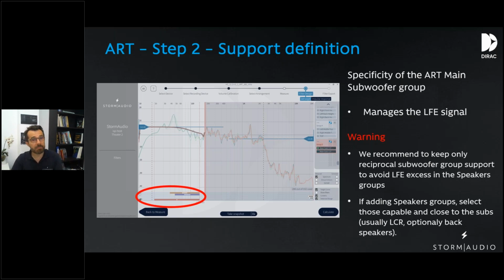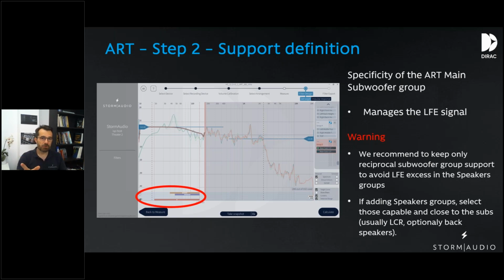Now, in some use cases, specifically, for example, in a system where you have a nice LCR system with only 2 subwoofers in your front wall, and we see that quite a lot, you can start thinking to use your LCR speakers, at least L and R, to support the subwoofer in the LFE reproduction. The main reason is that because of their proximity, the direction of arrival issue becomes really not a problem at all.